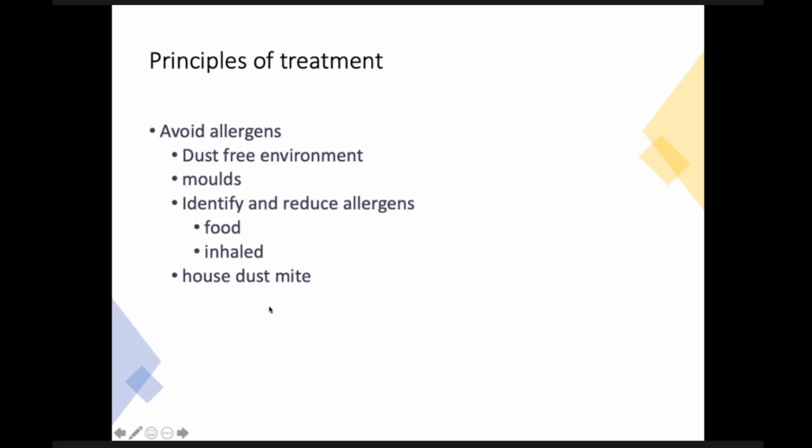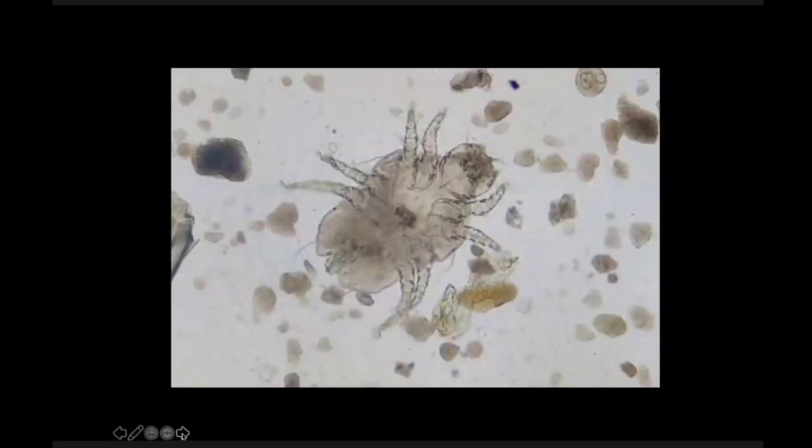Sometimes if there's heavy carpeting and curtains, you can get the house dust mite. This is more of a problem in the Western countries where there's heavy carpeting and curtains. Patients can become hypersensitive to this house dust mite, and you need heavy cleaning of these things.